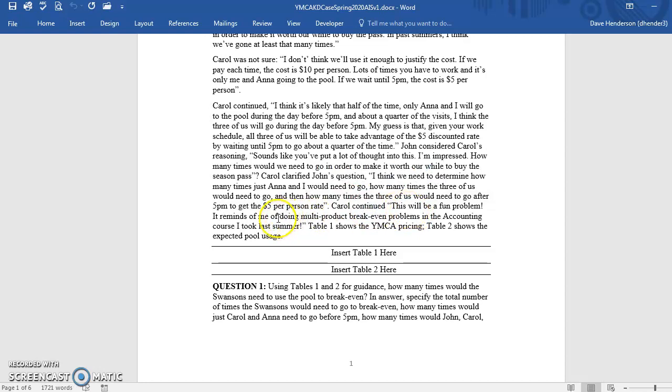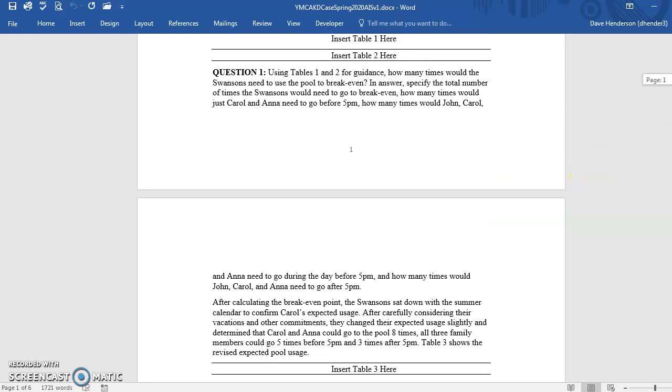It reminds me of doing multi-product break-even problems in the accounting course I took last summer. Table 1 shows the YMCA pricing. Table 2 shows the expected pool usage. These are towards the end of this document." Your first question is, using tables 1 and 2, how many times would the Swansons need to use the pool to break even? I'll go over this question again in the case requirements of the document.